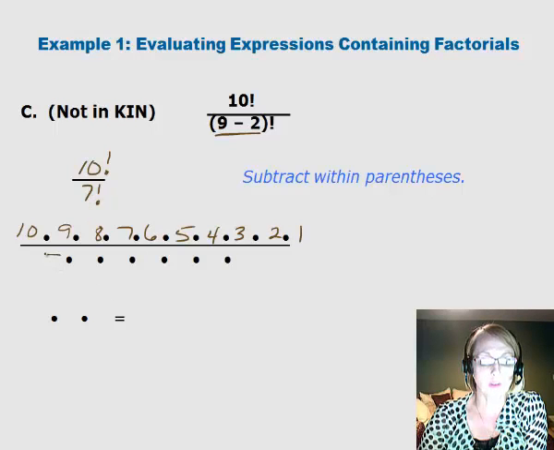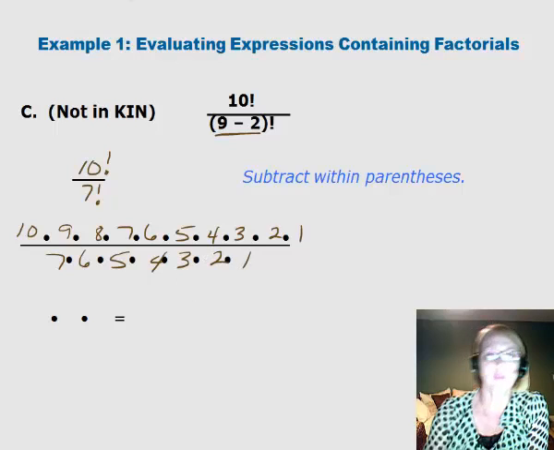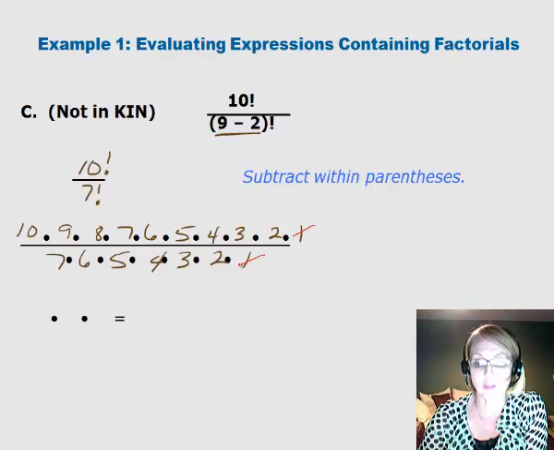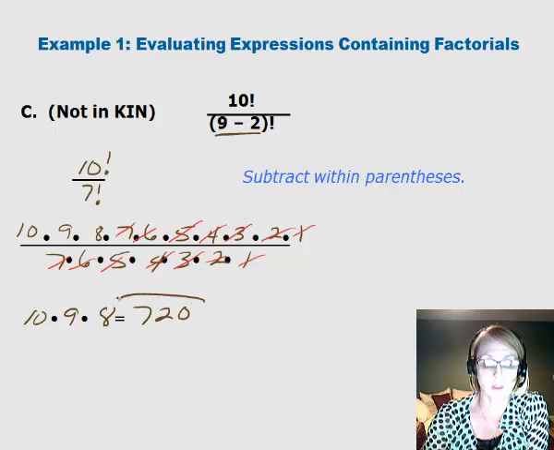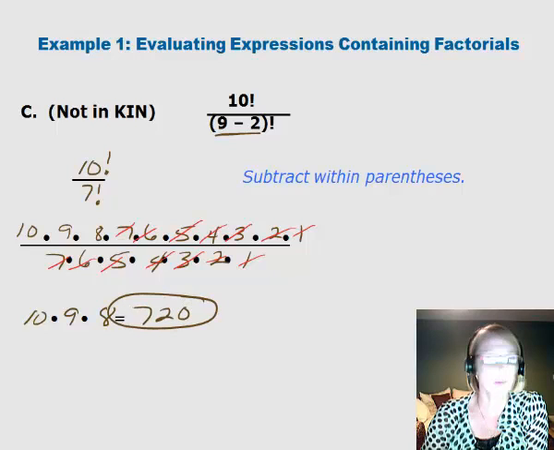And 7 factorial is 7 times 6 times 5 times 4 times 3 times 2 times 1. Let's do our canceling of common factors. 2's go away, 1's go away, 3's, 4 is in the numerator and denominator, 5 is, 6 is, 7 is. So knowing that, we're left with 10 times 9 times 8, which is 720. And that's our solution.